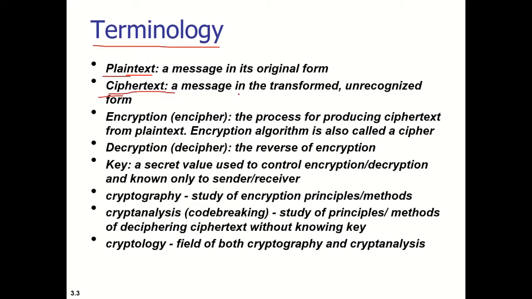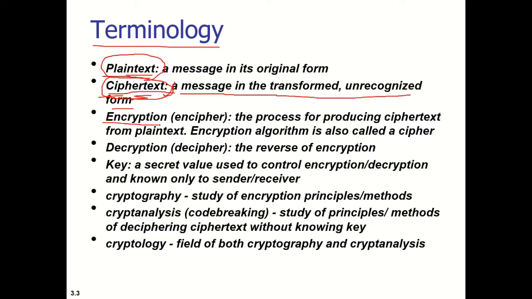Ciphertext is what you get when you encrypt this plain text. So after this encryption process, you get ciphertext, which is the message in the transformed and unrecognizable form. This is the message which we transmit over the network, so that it cannot be read easily by the attacker.